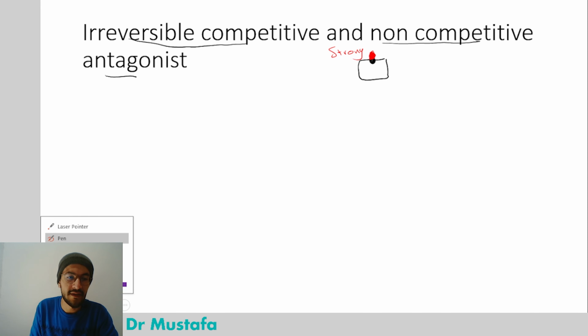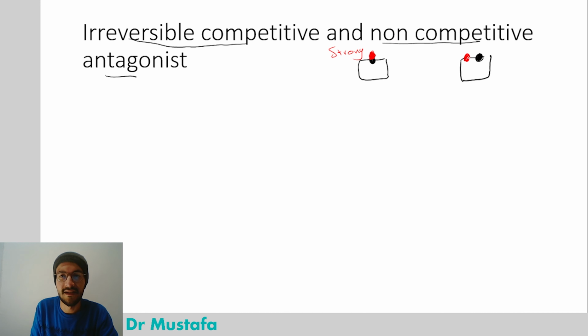In comparison, the non-competitive antagonist would bind at a different site than the agonist. So here we have the agonist, and the non-competitive antagonist would bind at a different site than the agonist does. Here we have the non-competitive, and this one is for the irreversible competitive.